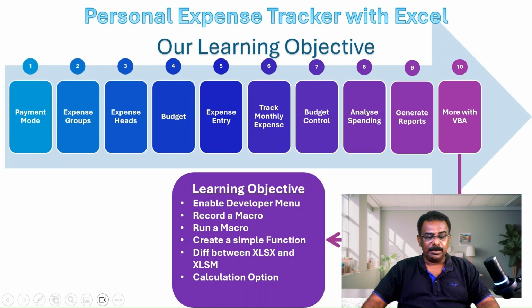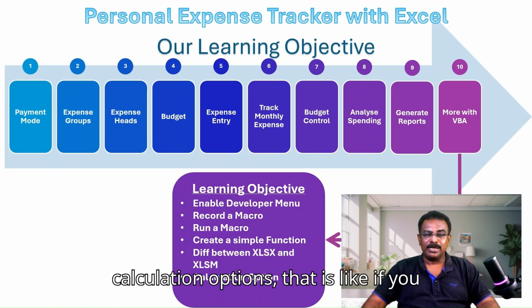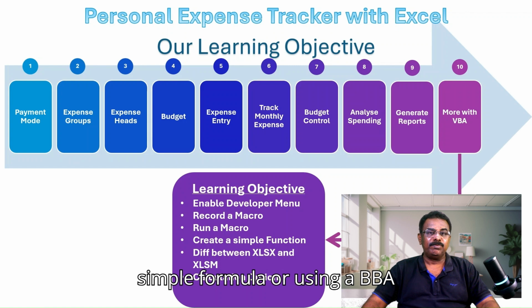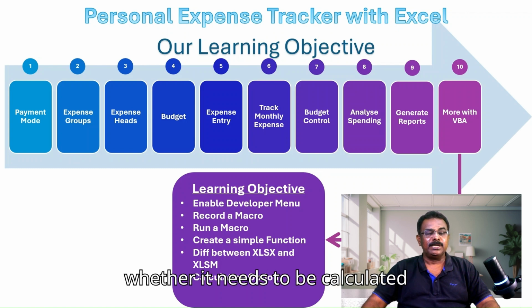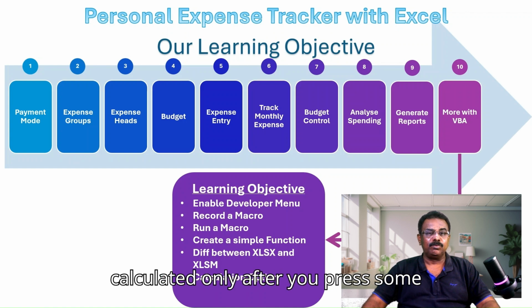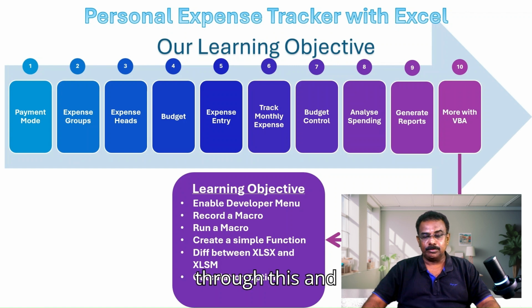And we will also learn about the calculation options. If you are writing something in Excel, using a simple formula or using VBA or anything, you can control when the formula needs to be calculated, whether immediately or only after you press some button. Let us look at it when we are going through this.